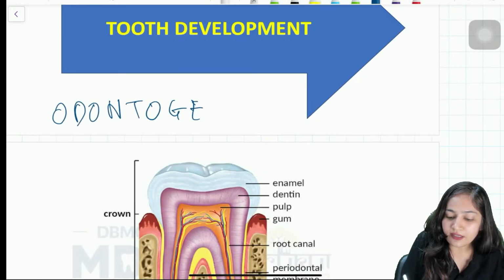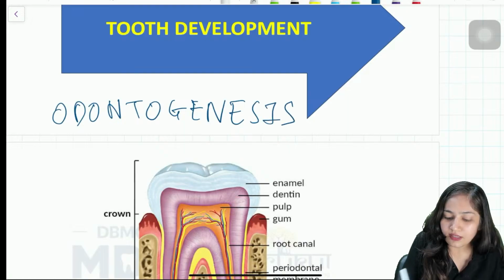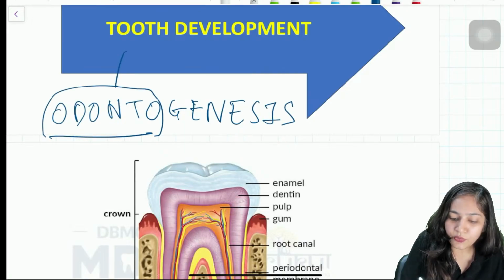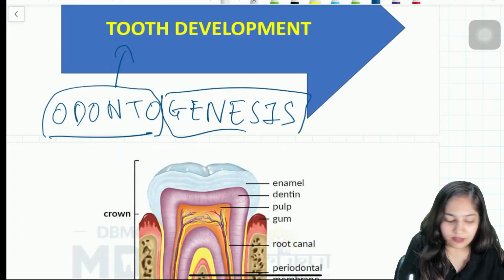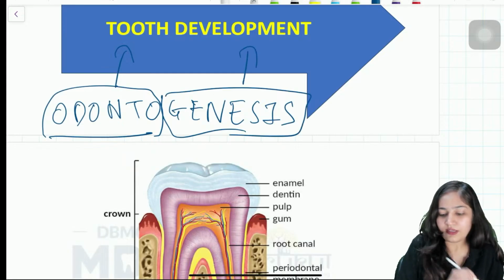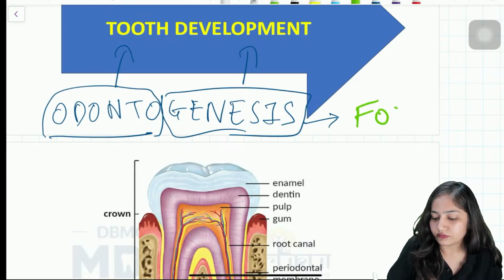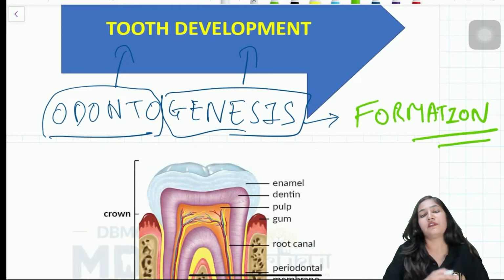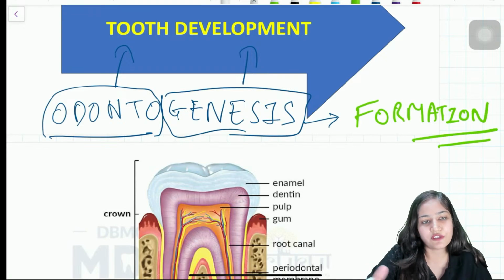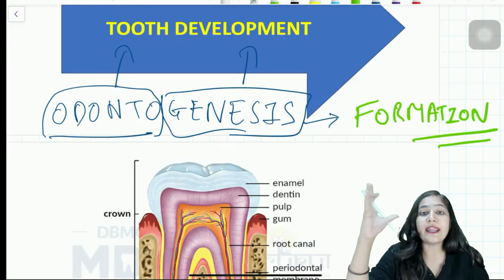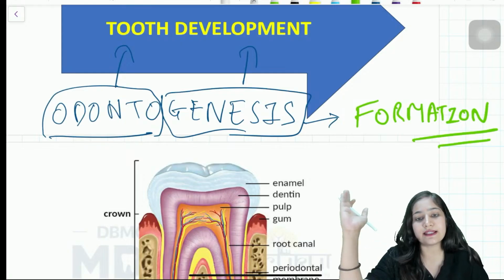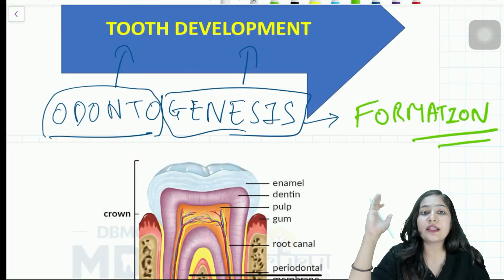Odonto meaning tooth, genesis meaning formation. So formation of tooth, which includes both hard and soft structures. All the dental tissues are derived from neural crest cells.